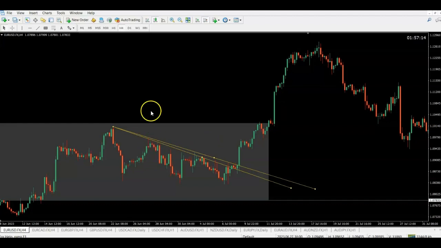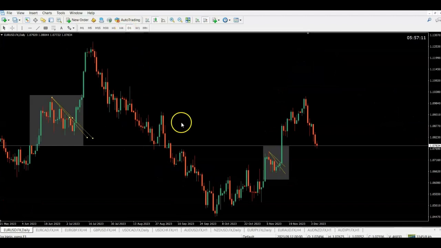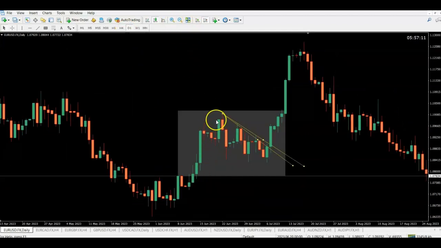So what initially on the daily time frame just seemed like 1, 2, based off the outer trend line, you have 1 and 2.